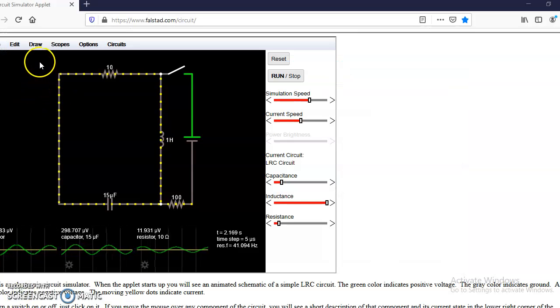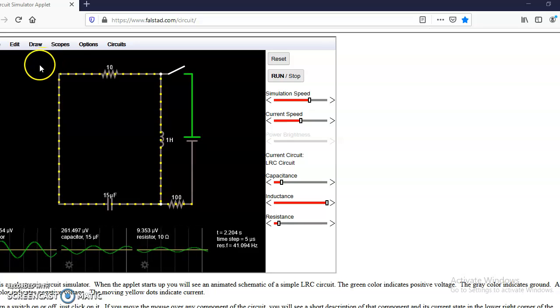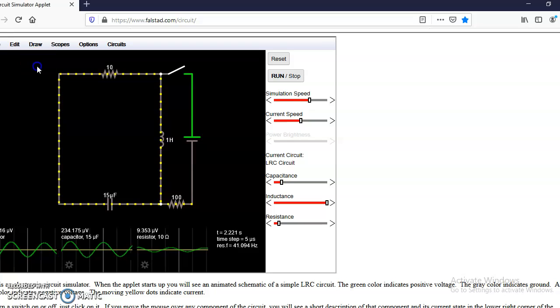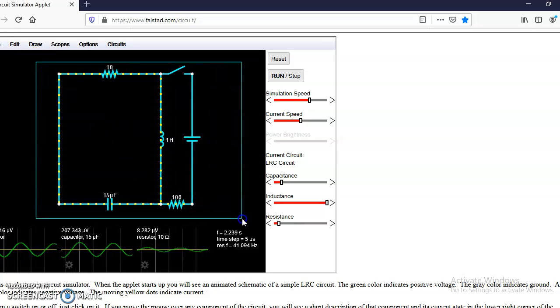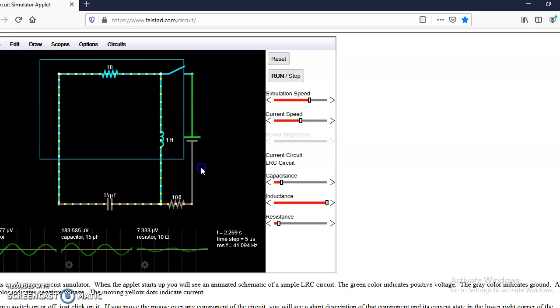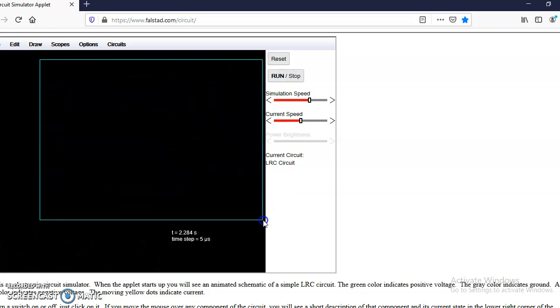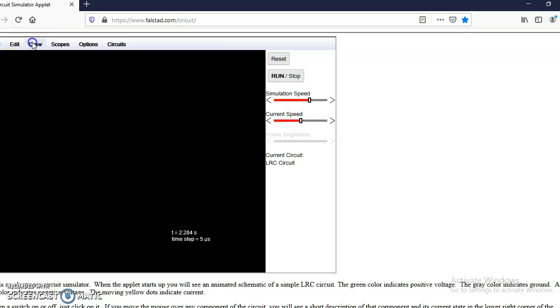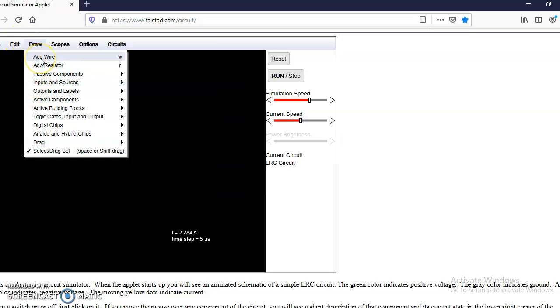Now we can implement the same circuit on falstad.com in a simple way. First, remove the circuit already present in this circuit simulator applet, so delete that circuit. Now draw the same circuit, where you require 5 resistors.